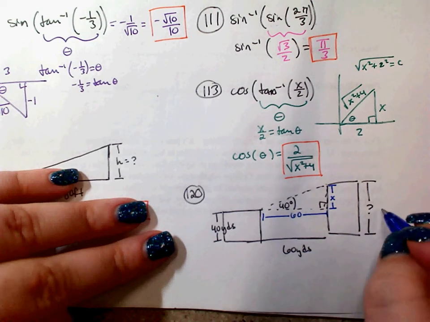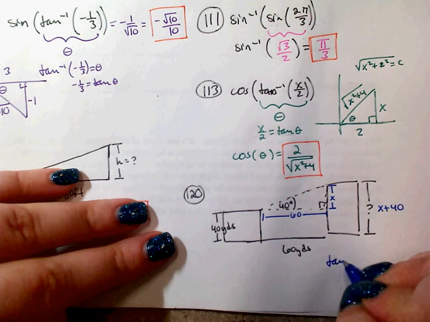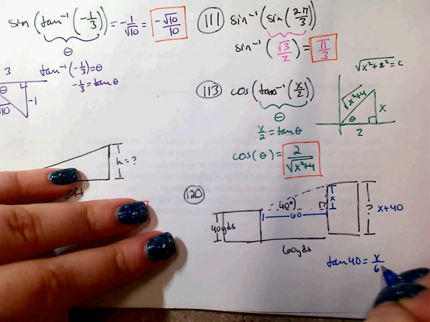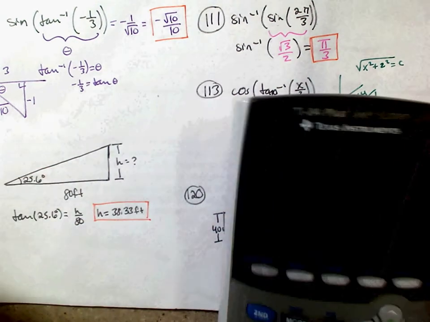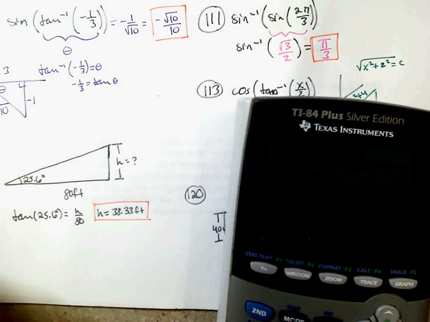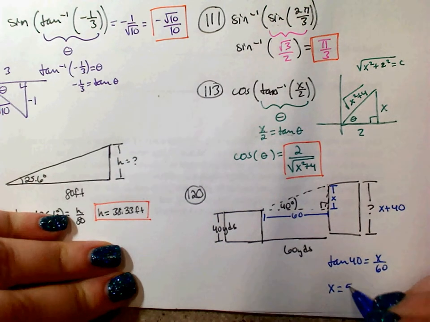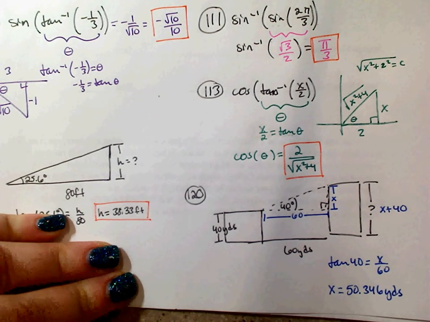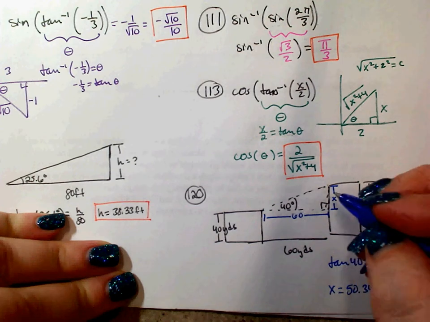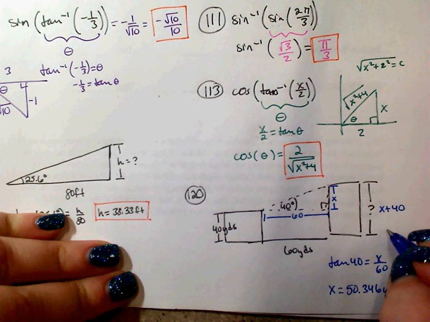Tangent of 40 equals x over 60, which means x equals 60 times tangent of 40, which is 50.346 yards. So this right here is 50.346, which means the entire height of the building is 90.346 yards.